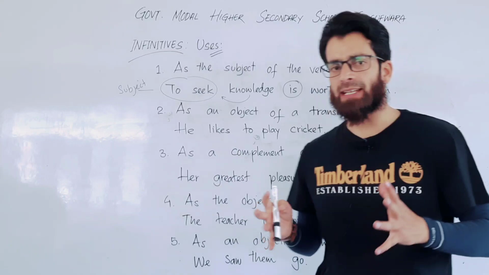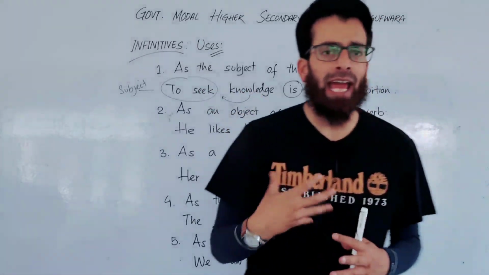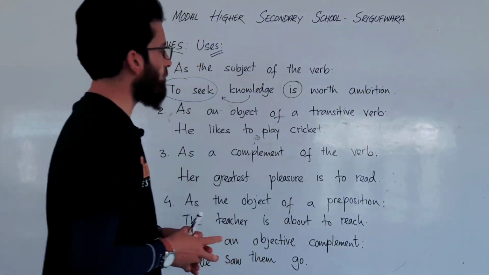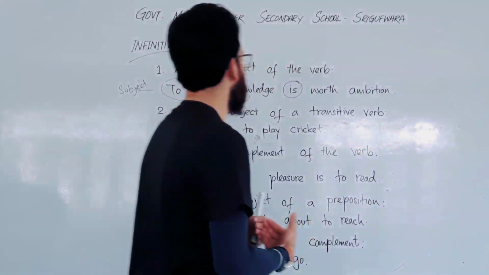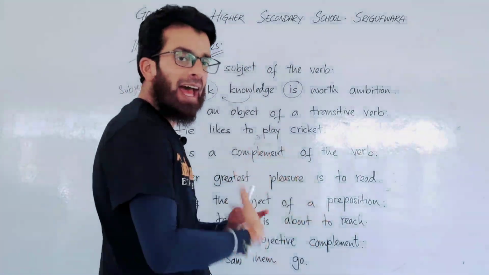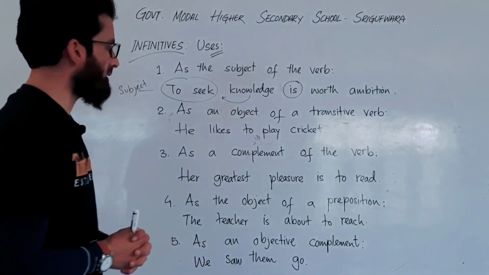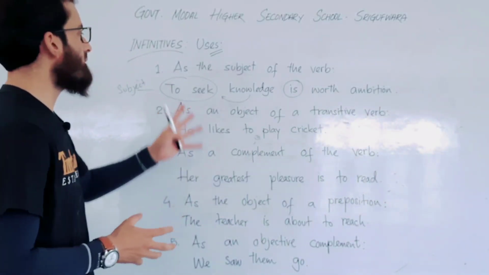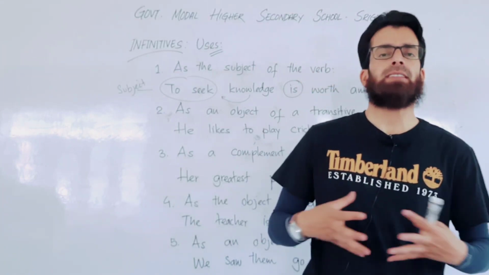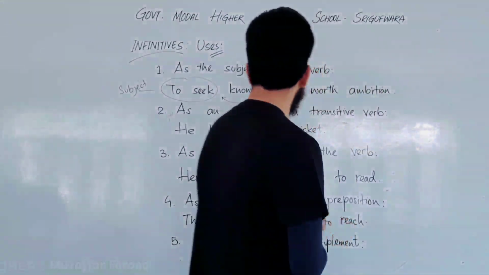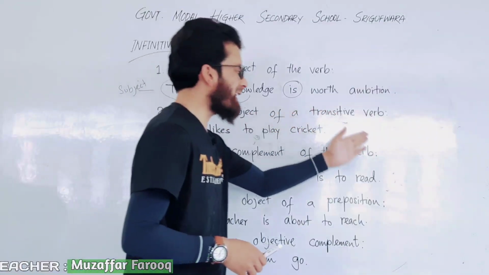Hence we can state that an infinitive can be used as the subject of the verb, and being a subject, it can have its own object; in this case knowledge is the object of "to seek". Now the second point: as an object of a transitive verb.